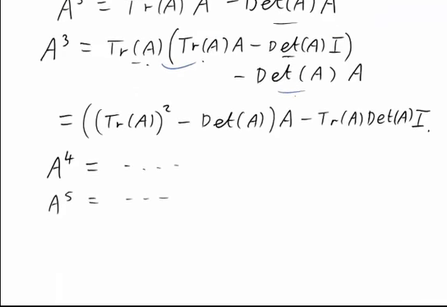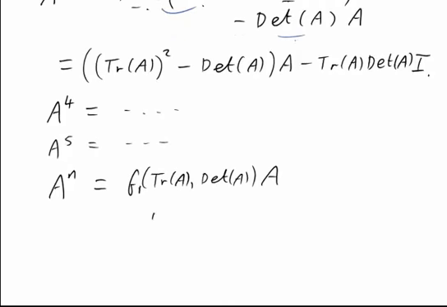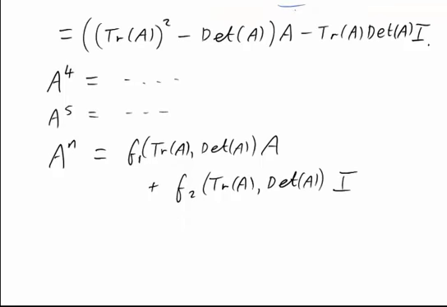In fact, that means that we can write a to the n as some function of the trace of a and the det of a, multiplied by a, let's call that f1, plus some other function, also of the trace of a and the det of a, multiplied by the identity. This is a very powerful result indeed. Any power of a can be written as some combination of just a itself and the identity.